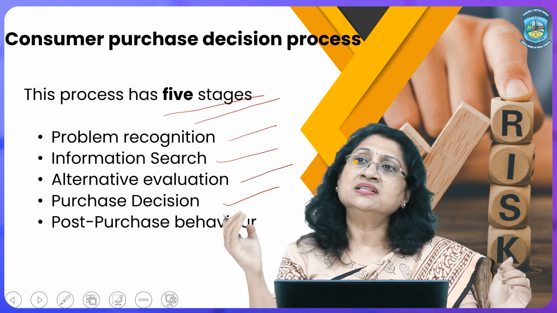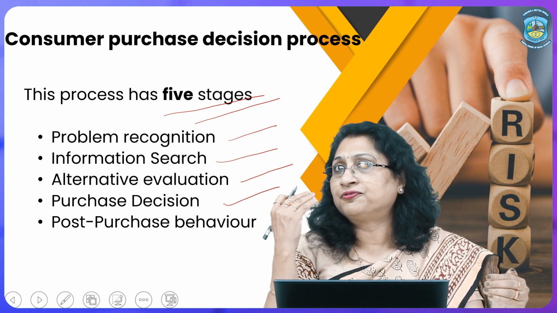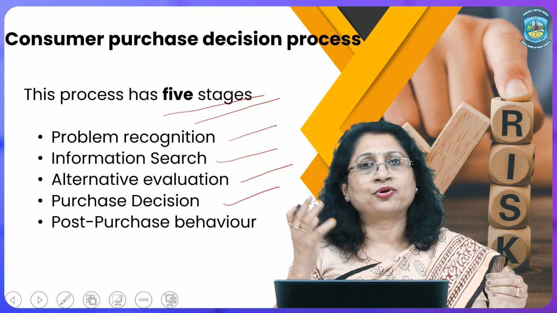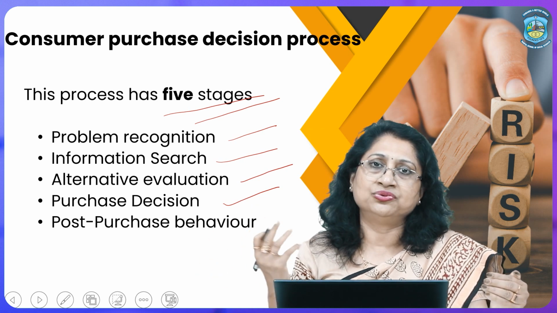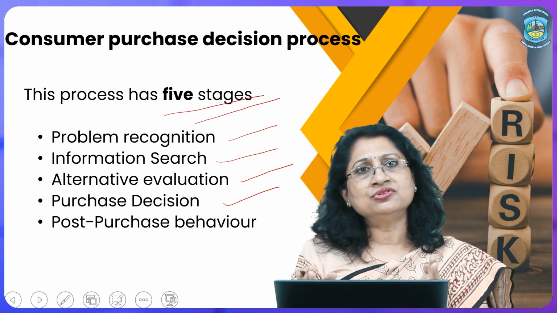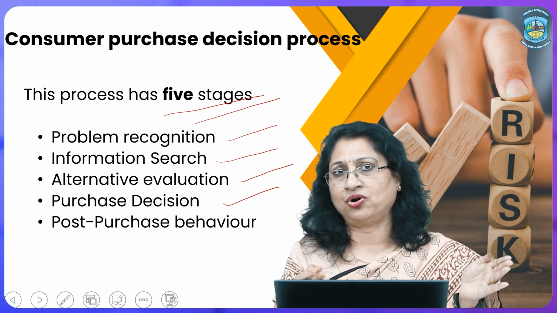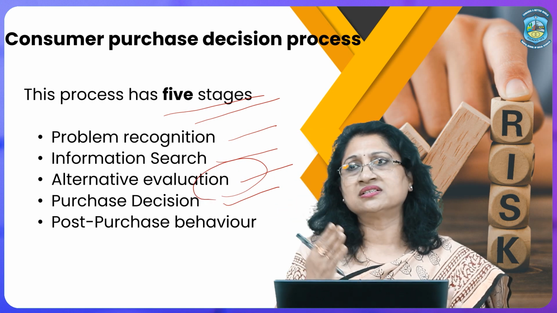Followed by, once I recognize my need, I will start to search for what this product is, or what the view of other users is with regard to this product. Followed by, now I have come to a conclusion that these are the products among which I need to buy one product. So, that is the process of evaluation, the alternate evaluation.